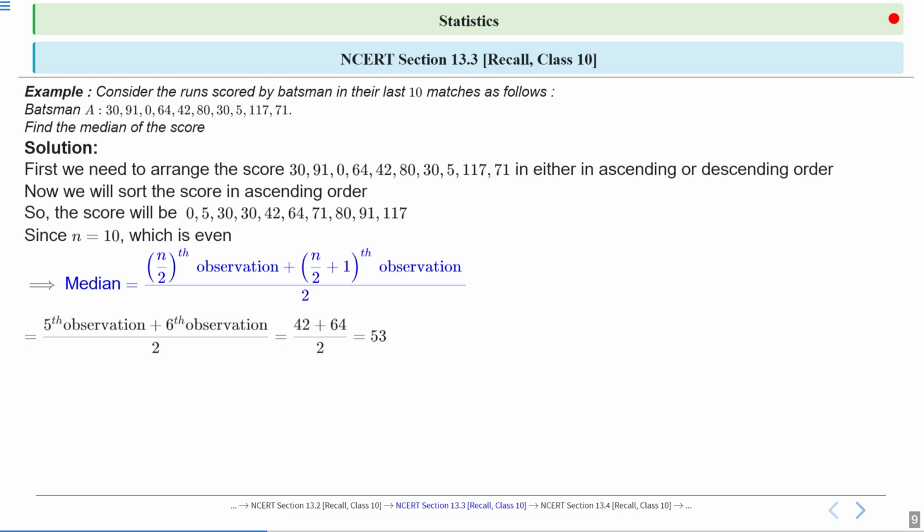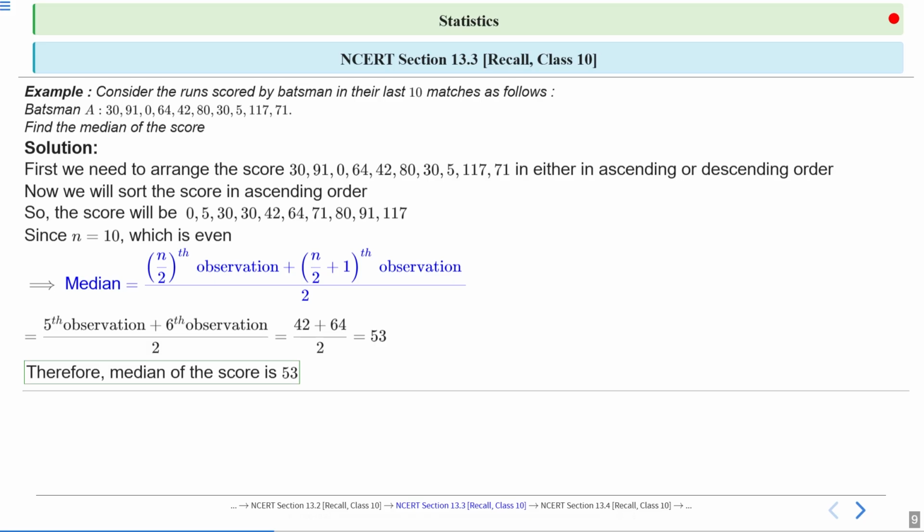Here n equals 10, so the median equals the fifth observation plus the sixth observation upon 2. The fifth observation is 42 and the sixth observation is 64. So 42 plus 64 upon 2 equals 53. Therefore, the median of the score is 53.